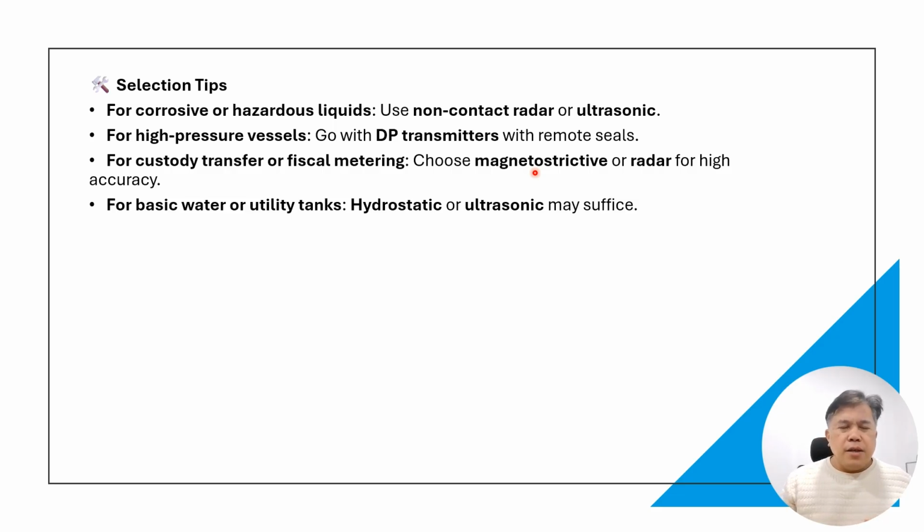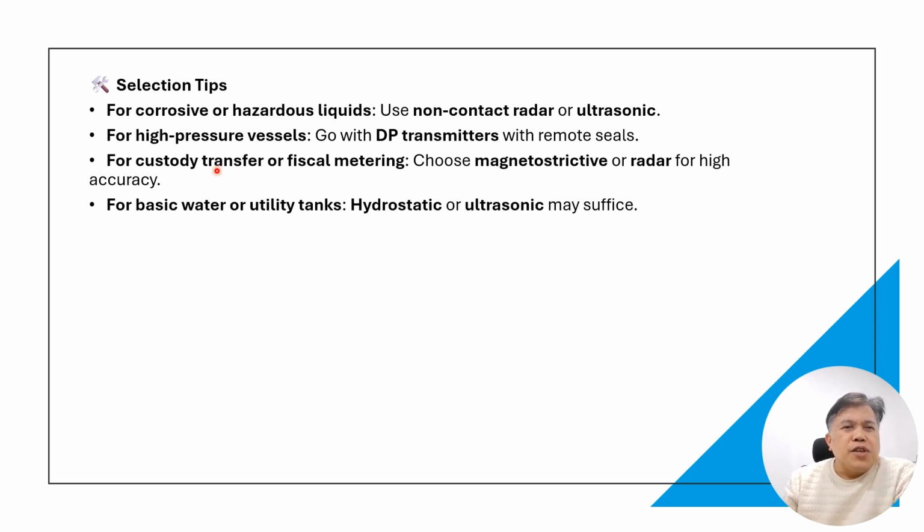Some of you maybe have never seen these kinds of differential transmitters with remote seals. So maybe some of you already have. We have the differential transmitter with remote seal. There is a plunge type, like a diaphragm here, the remote seals. You can check that one on Google as well.